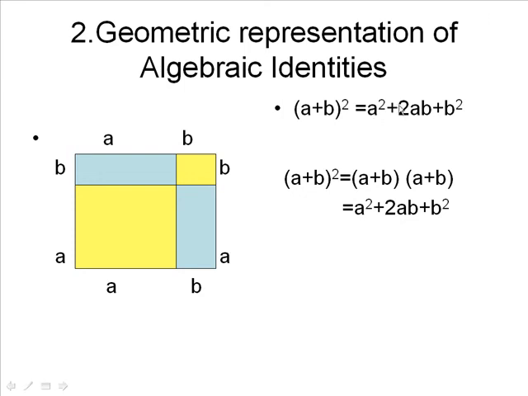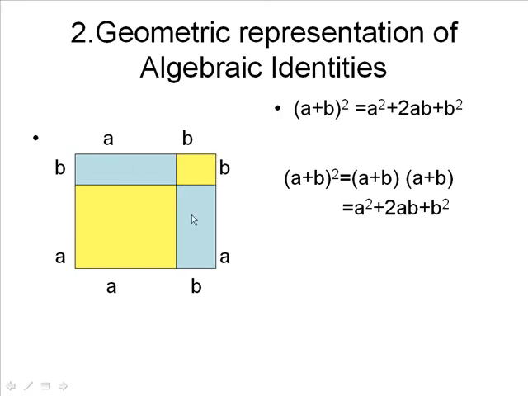So here, a squared corresponds to the area of the square a with each side equal to a, and b squared corresponds to the area of this square b with each side equal to b.